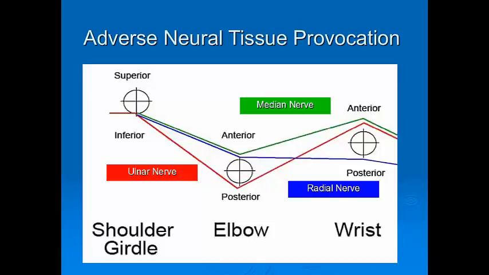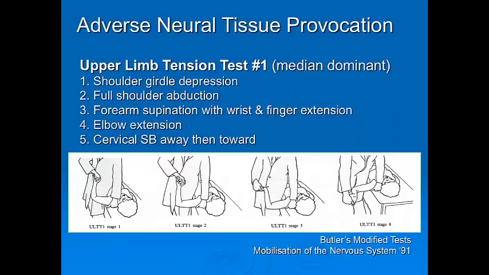This diagram shows the relative joint position of the major upper extremity nerves. Butler has developed 4 tests for the 3 nerves of the upper extremity.